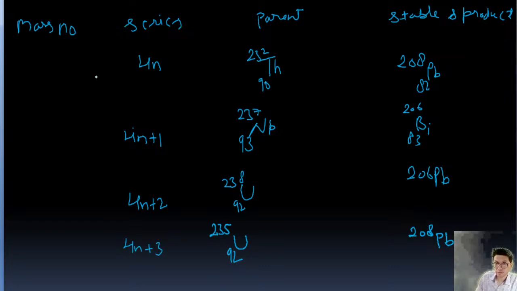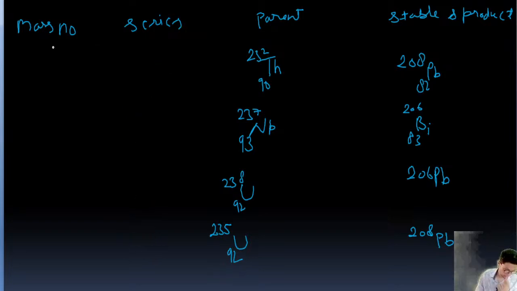Here is the chart. This is thorium, this is Np, this is uranium, and this is actinium.